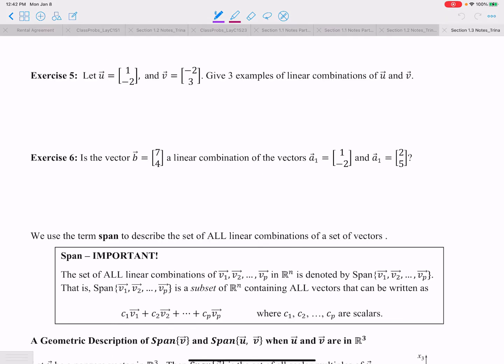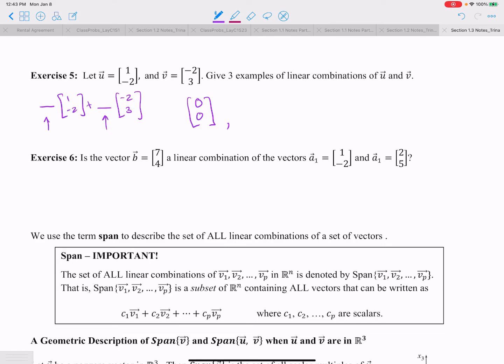So given that u is 1, negative 2, and v is negative 2, 3, give some examples of linear combinations. So again, some constant times the vector plus some constant times the vector. So you can pick any real numbers you want for those two spots. If I make them both 0, the vector 0, 0 is an example of a linear combination.